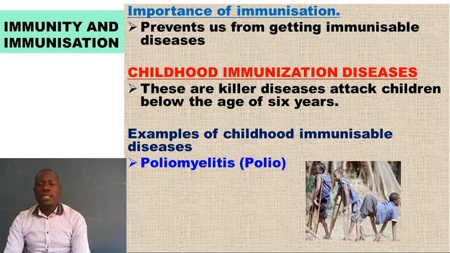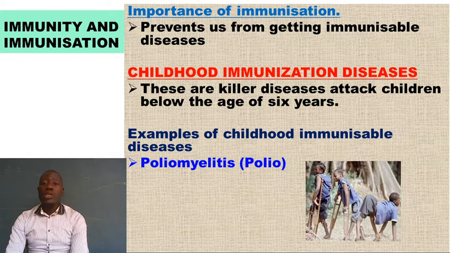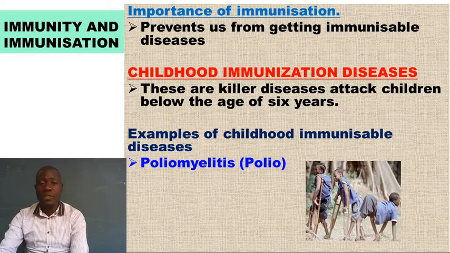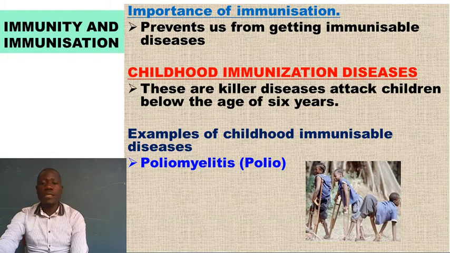These children were born with deformed limbs. The hands and the legs are deformed. They cannot move straight as some of you can move. But you can avoid that at birth through immunization. When the child is born, he is immunized against polio, such that we can avoid such errors.